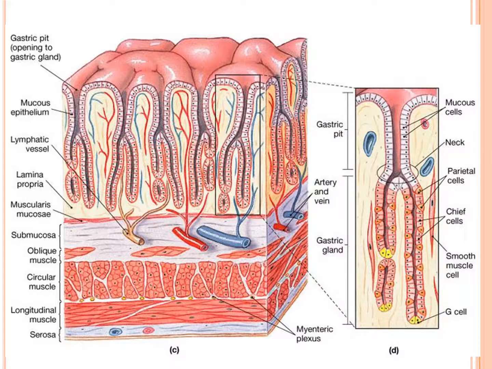And within the mucus layer, we have these gastric pits that are lined with glands. The chief cells and the parietal cells are responsible for the production of hydrochloric acid and pepsinogen, but they don't release them and they do not become active until they are on the other side of these mucus cells.